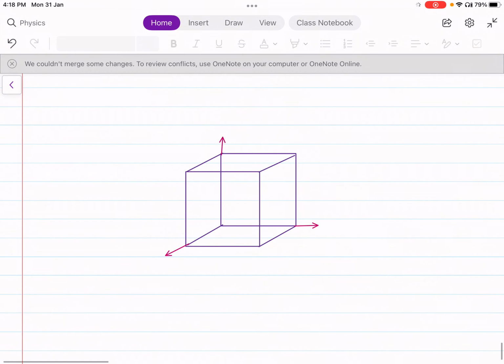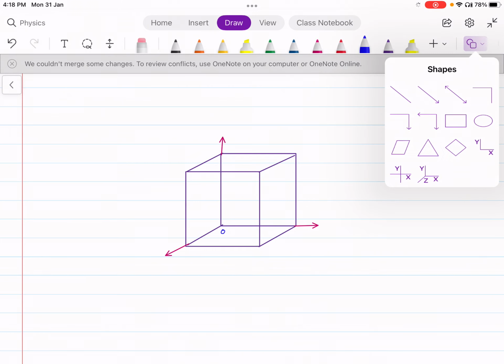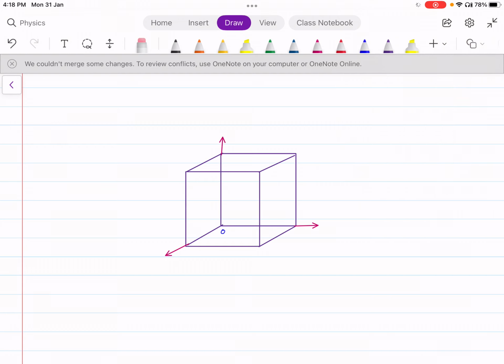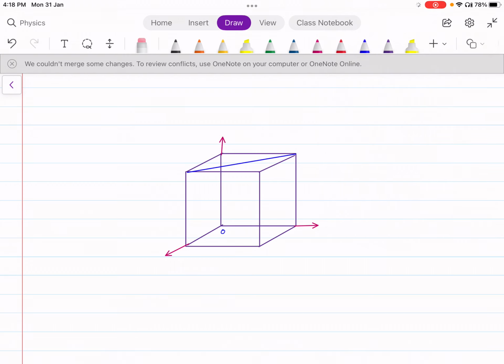This is the unit cell. This is the origin, and this is the 1 plane.